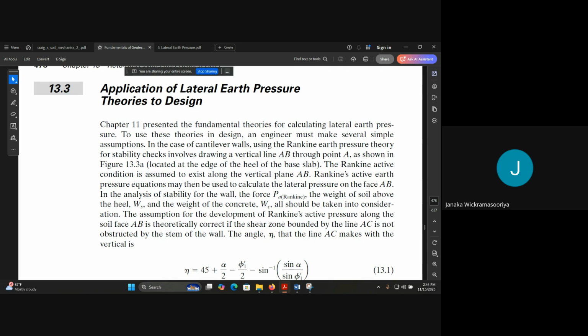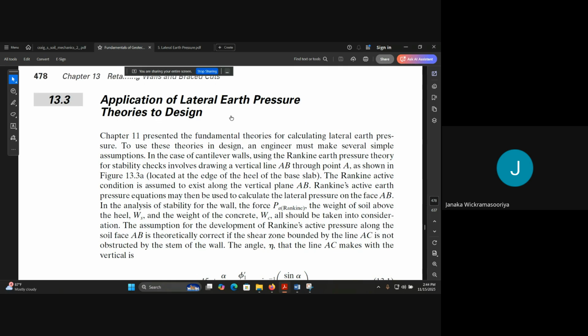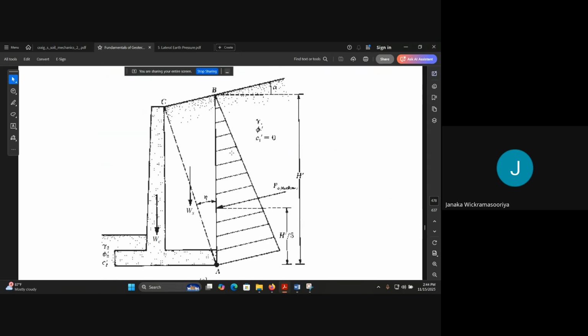So the first thing is we have to apply these lateral earth pressure theories into the design. If we assume that this is the retaining wall, and there is a particular amount of soil in the active side that is taken as Ws, we assume a vertical and smooth plane AB, and we apply Rankine's earth pressure theory to that particular plane AB.